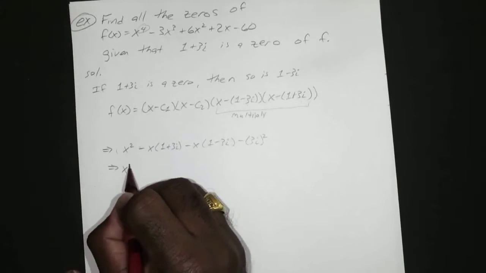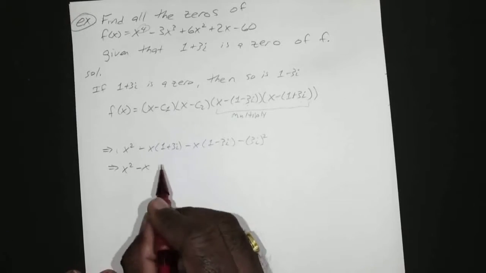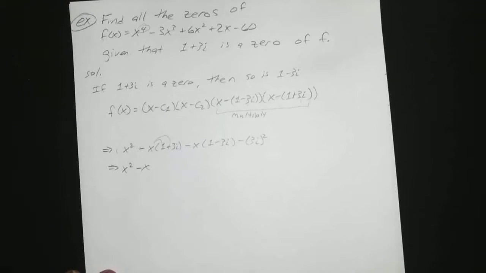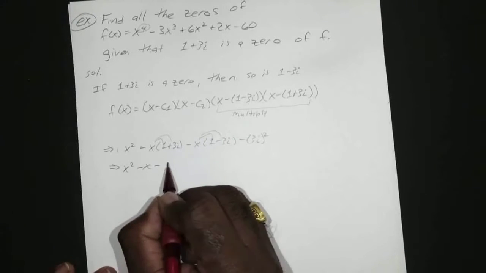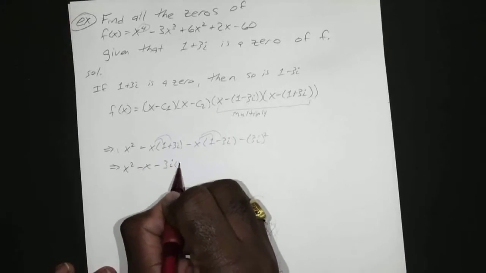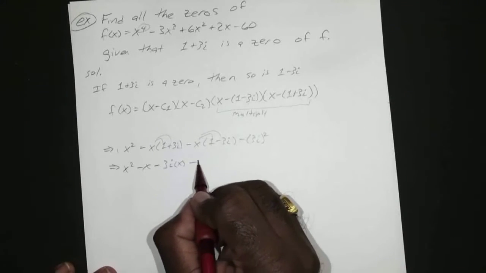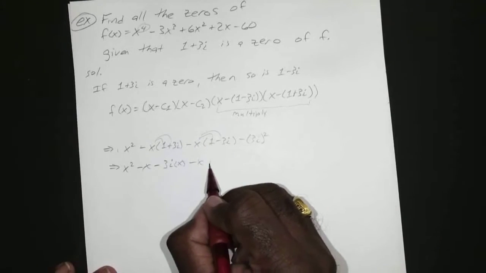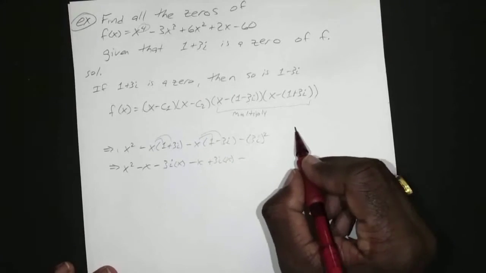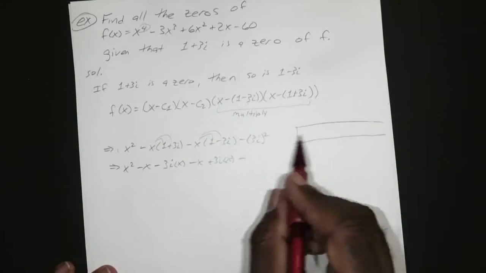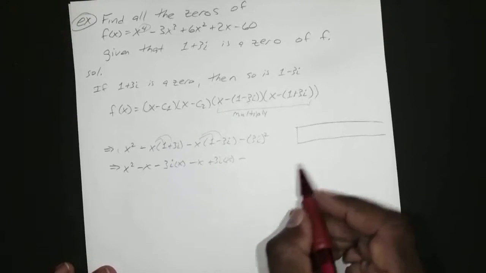Okay, so you have x squared minus x, if you just go ahead and distribute that and distribute that one, minus 3i times x minus x plus 3i times x minus, remember, i squared is equal to negative 1.